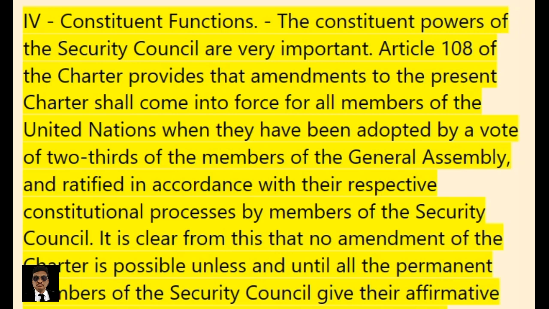It is clear from this that no amendment of the Charter is possible unless and until all the permanent members of the Security Council give their affirmative vote on it, and it is subsequently ratified by their respective constitutional processes.